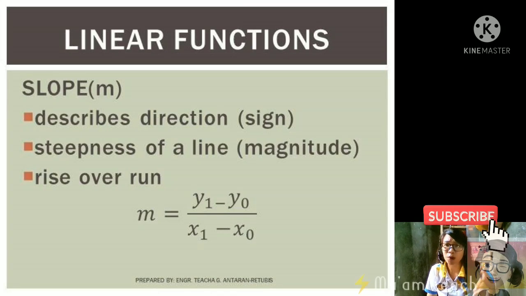So how are we going to determine or solve for the value of our slope? Always remember, class, that slope is rise over run. It is somewhat our mnemonic. Rise over run means rise refers to the value of your y, while the run refers to the horizontal.